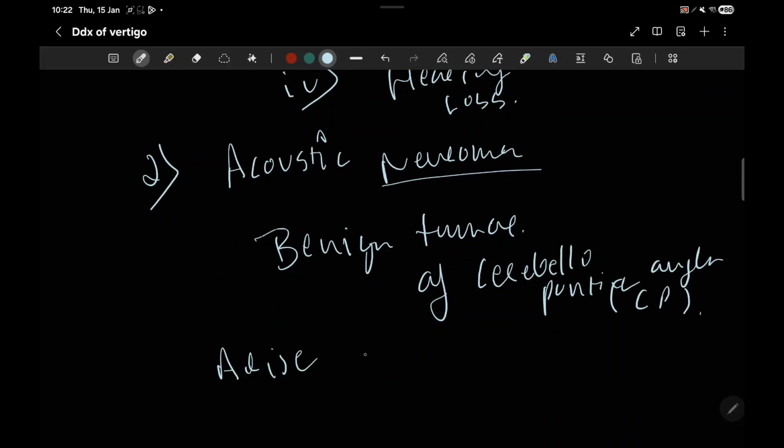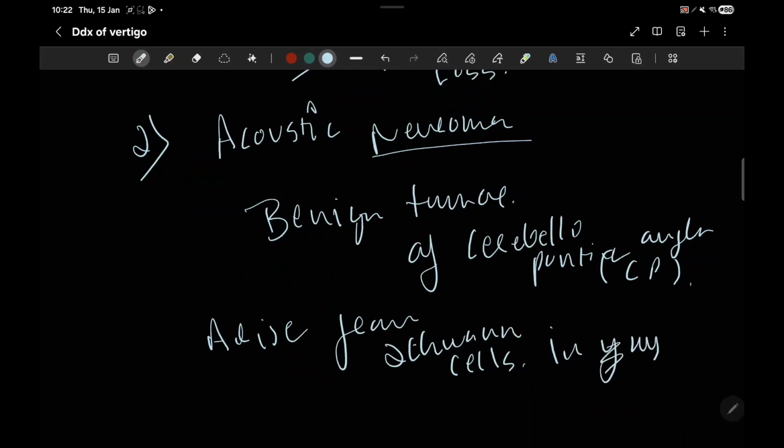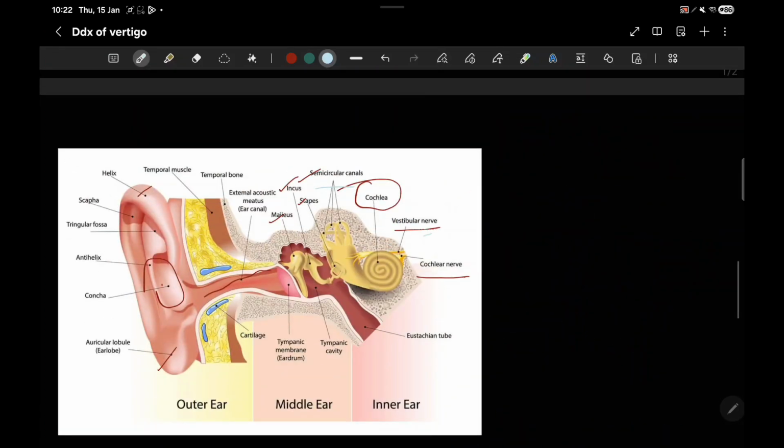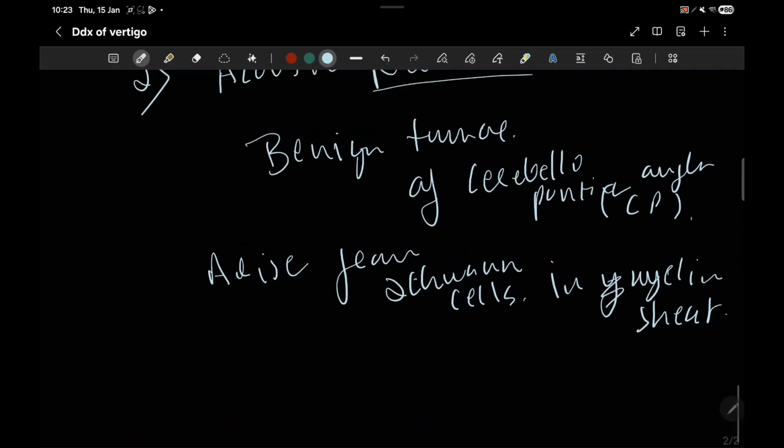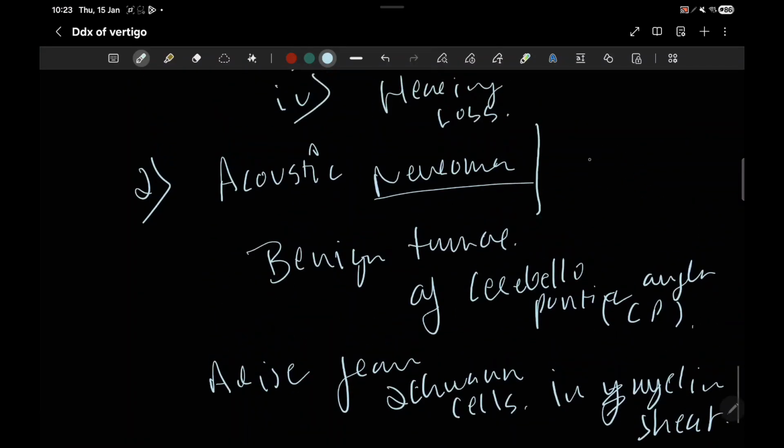They arise from the Schwann cells in the myelin sheath. What is a myelin sheath? Basically all these nerves are covered in myelin sheath, so these are tumors of the myelin sheath. This acoustic neuroma is also called vestibular schwannoma.